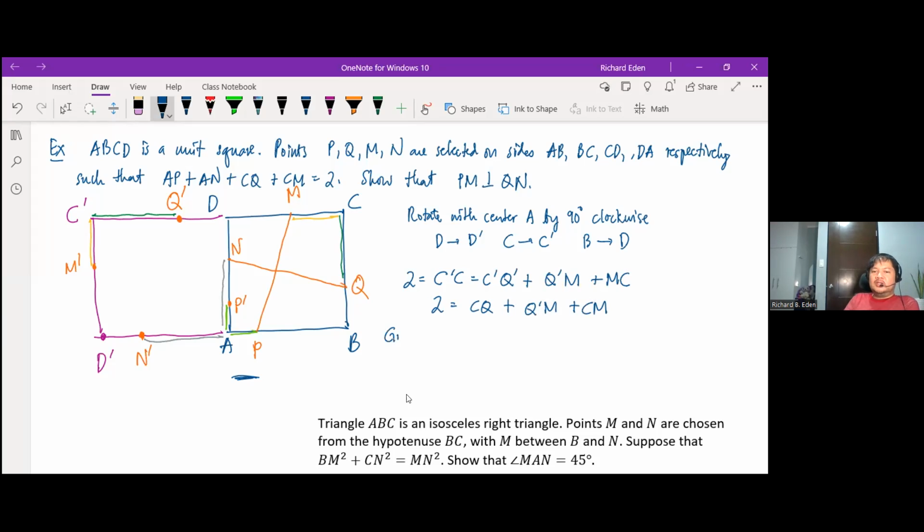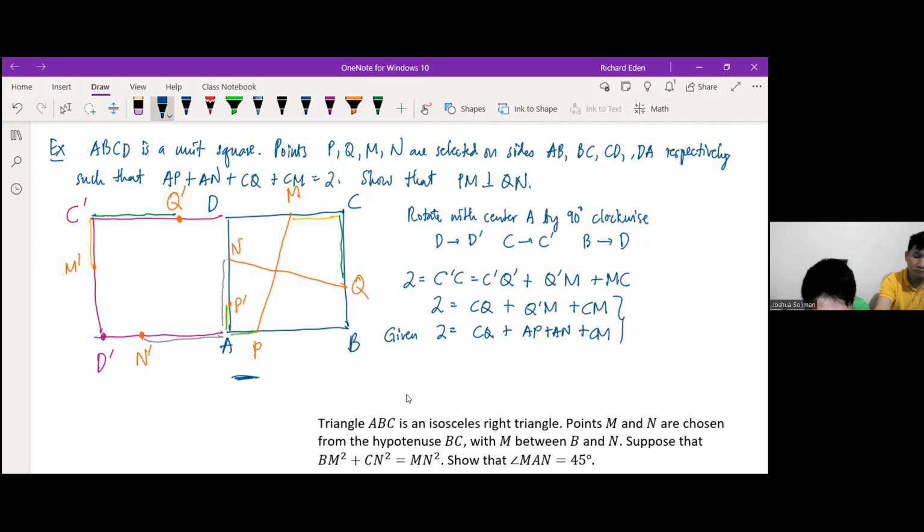But from what's been given, 2 is equal to AP plus AN plus CQ plus CM. From these two equations, what do we conclude? They are the same.